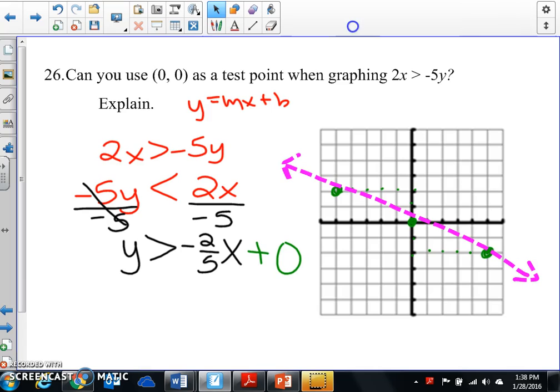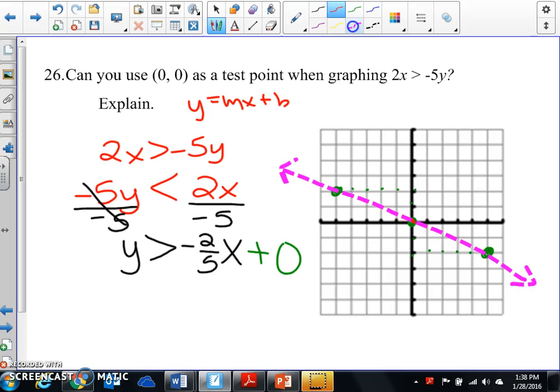And now I have to worry about my testing, and this is what it's talking about. Can you use 0, 0 as a test point? You may not, because it's already on the line. You cannot use it if it's on the line. So no. This is one of the cases where you would have to use something like 1, 1 to determine how to shade. So let's just go ahead and do it. 1, 1.